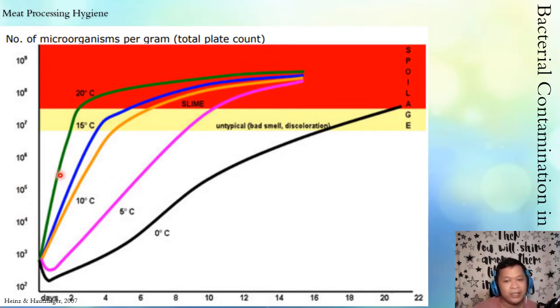Definitely, if you have a higher microbial load to start with, the shelf life will be shortened by a few days. And as you can see here, a typical refrigerator in the Philippines, although it should be at 0 to 7 degrees, it is normal for refrigerators to reach 10 degrees, especially in summer, no? Especially refrigerators without a temperature indicator.